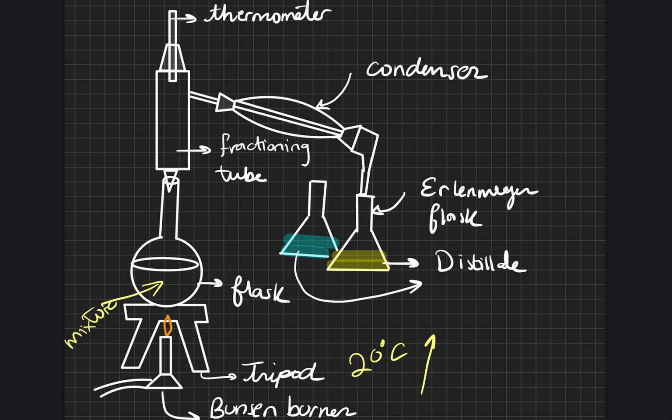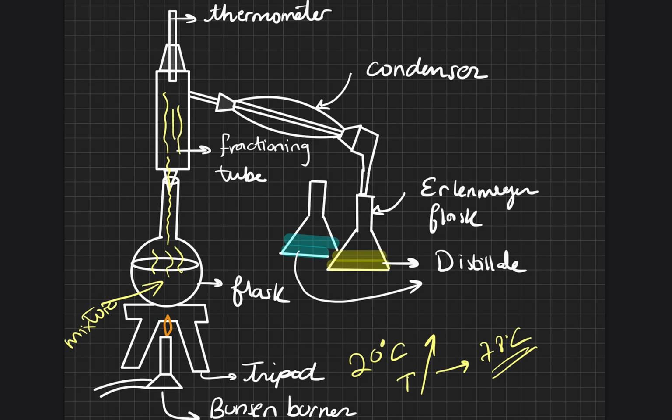With the Bunsen burner, the temperature increases, and it reaches 78 degrees Celsius. Okay, when it reaches 78 degrees Celsius, ethanol will evaporate. Now as it evaporates, it's going up into this tube that's called the fractionating tube, and this fractionating tube collects the vapor inside of it.